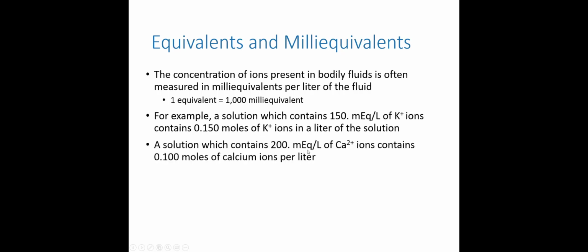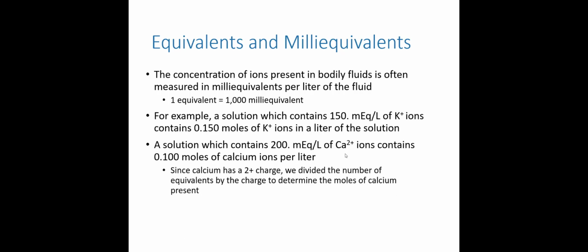On the other hand, if we looked at calcium, calcium has a 2 plus charge. So if we said that there was 200 milliequivalents per liter of calcium ions, then this contains 0.1 moles of calcium ions per liter, because this value is multiplied by 2 to get you the equivalence.